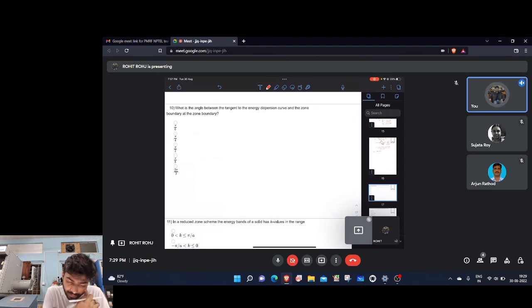Now the next question: what is the angle between the tangent to the energy dispersion curve and the zone boundary at the zone boundary? We know that the E-k dispersion curve behaves like this, but due to the presence of the potential, this curve breaks at the zone boundaries, and the way the curve approaches the zone boundary is quadratically.